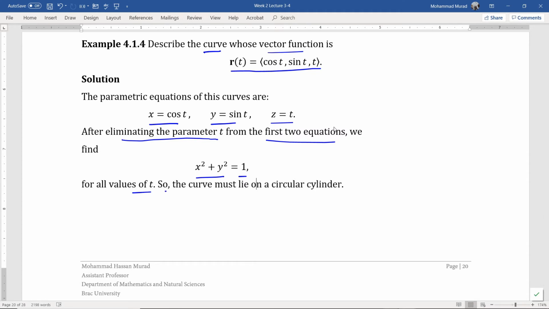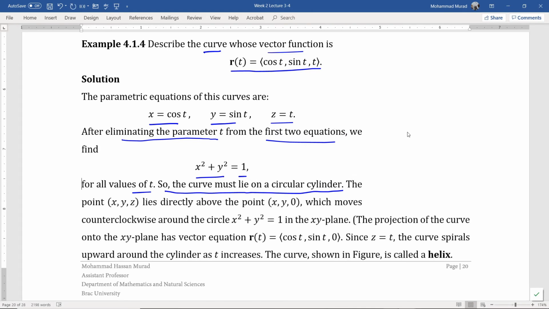So, the curve must lie on a circular cylinder. The point x, y, z lies directly above the point with coordinates x, y, 0 on the xy plane, which moves counterclockwise around the circle x squared plus y squared equals 1 in the xy plane.